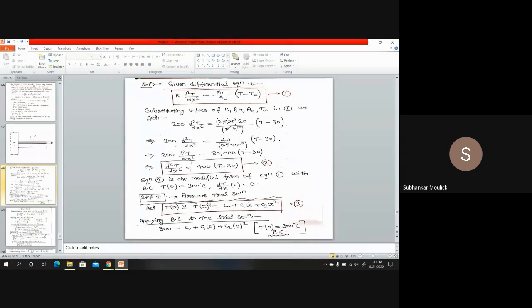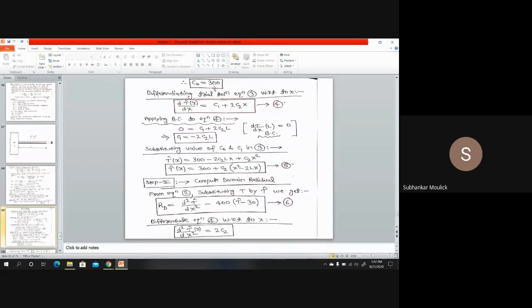This is the expression of t cap of x, which is my assumed trial solution. So its value will be 300 when x is 0. So x is 0 means c0 plus c1 into 0 is 0 plus c2 into 0 square is 0. That means by substituting the essential boundary condition, I get the value of c0 as 300.